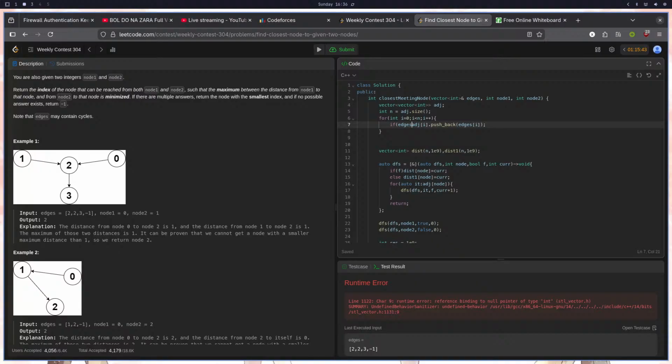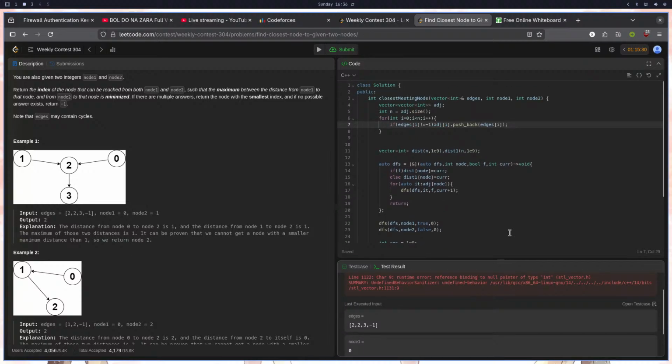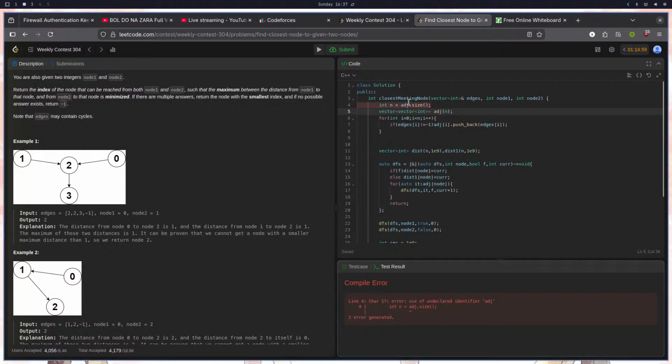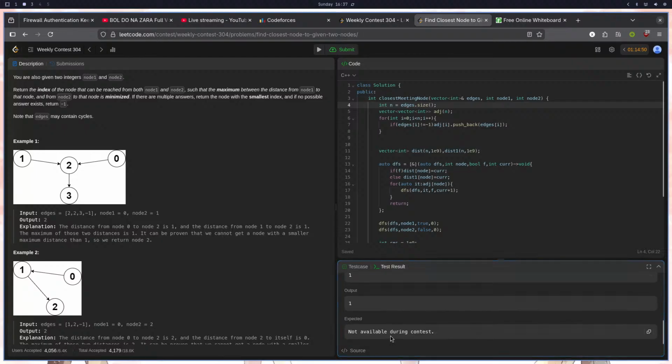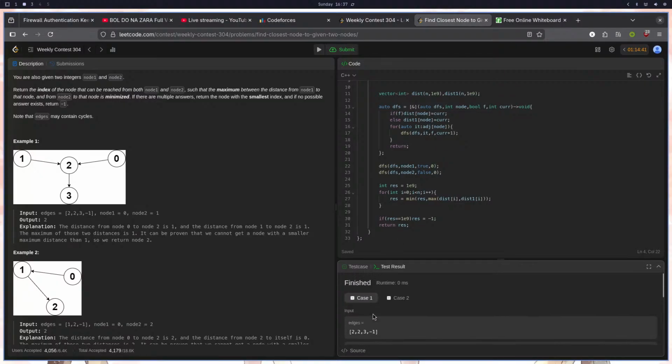If edge not equal to -1, alt sorry alt, okay fine, adjacency of n and it should be fine. Bhai, I am doing something crazy, edges.size, yeah, output 1, achha.